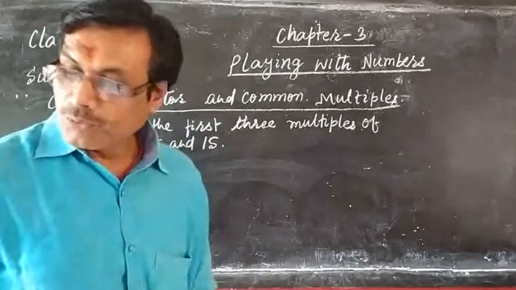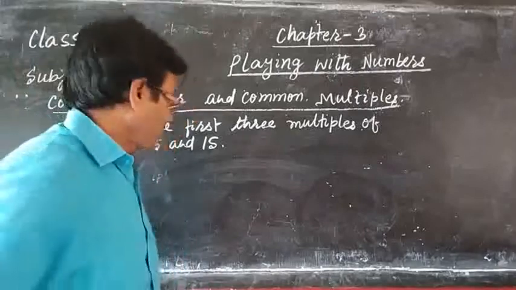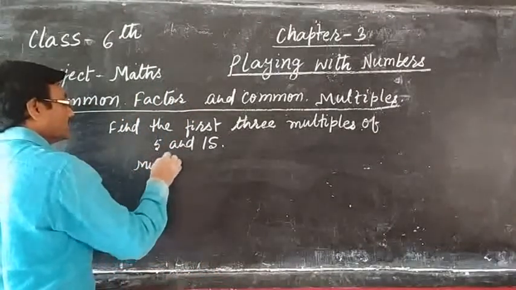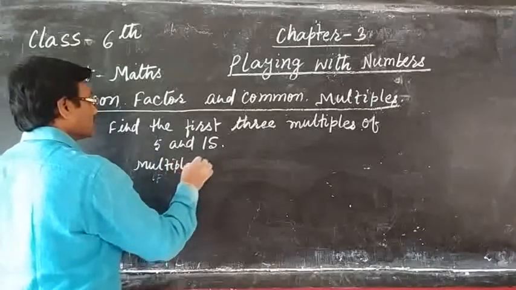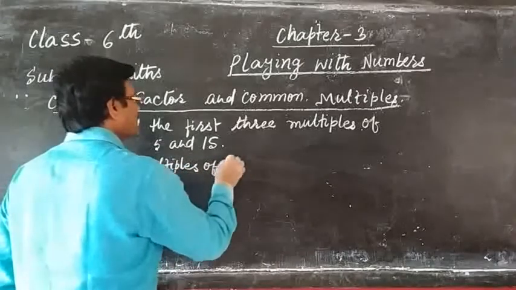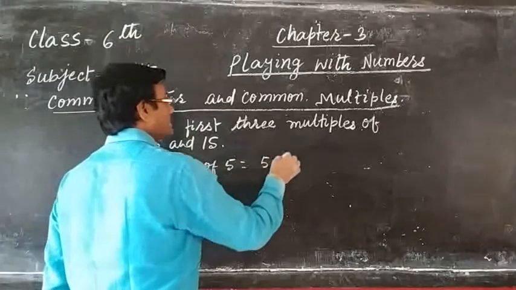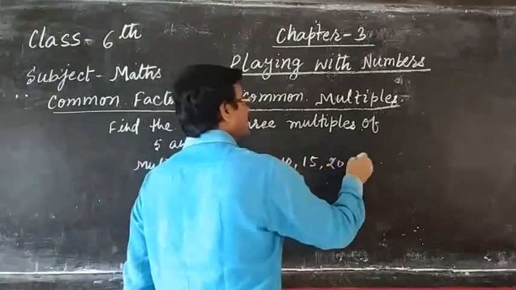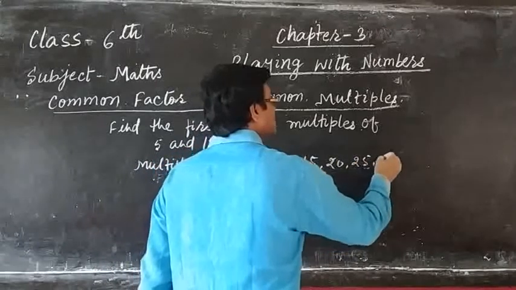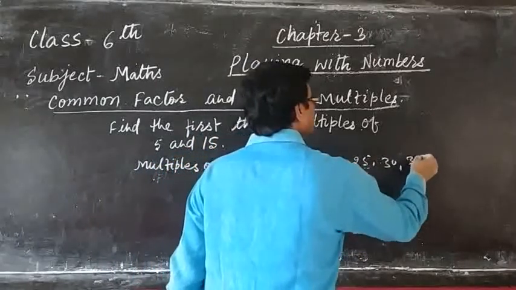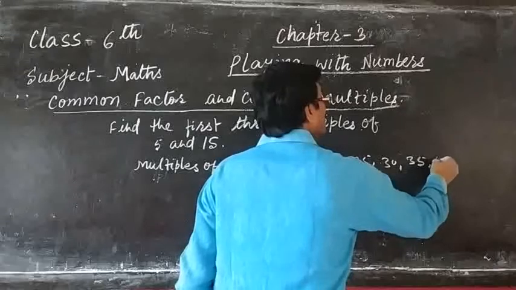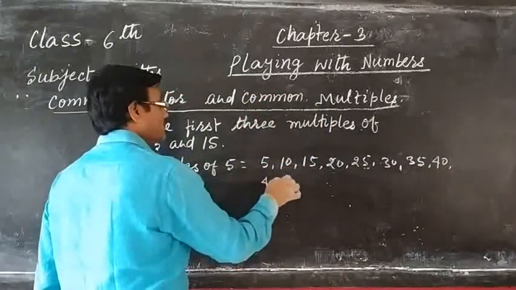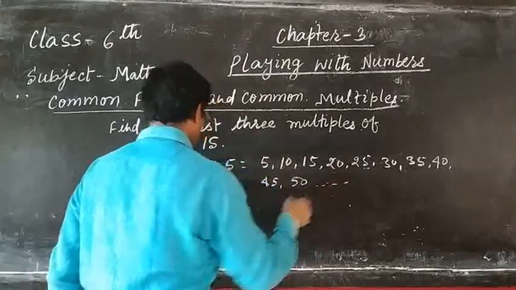So children, what you have to do? Just write here multiples of 5. Multiples of 5 will be 5, 10, 15, 20, 25, 30, 35, 40, 45 and 50 and so on.